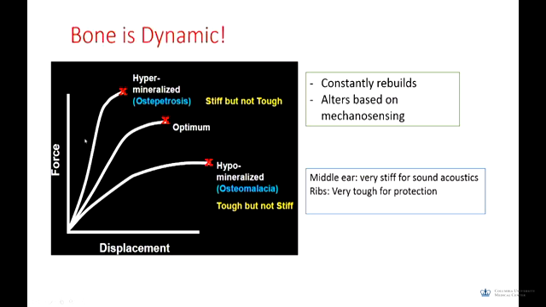This chart shows the relationship between force and displacement found in bone. I'll start with this condition, which is known as osteopetrosis, where the bone doesn't really tolerate a lot of displacement. So this is very stiff but not very tough bone.